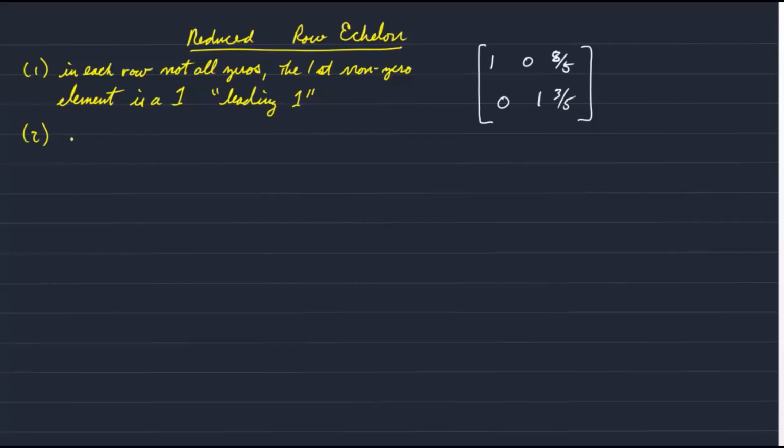The second characteristic is that in any 2 consecutive rows that are not all zeros, the lead 1 of the lower row is to the right of the lead 1 of the upper row.